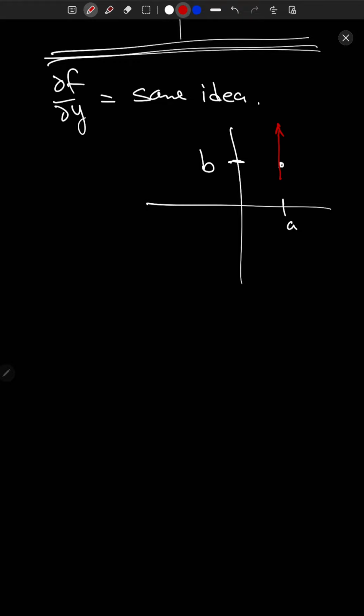If I only look along this red line here, a is constant, so how f changes does not depend on the first variable at all.